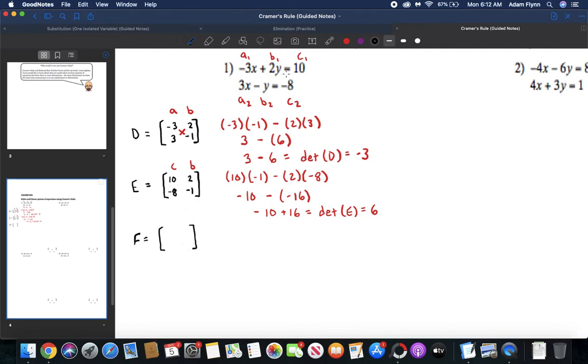Okay, and if you're having trouble remembering which column is which, it goes F equals A in the first column, C in the second. So we have FAC, FAC right there. So if I plug in my coefficients, I'm going to have -3 and 3 in the first column, and I'm going to have 10 and -8 in the second column.